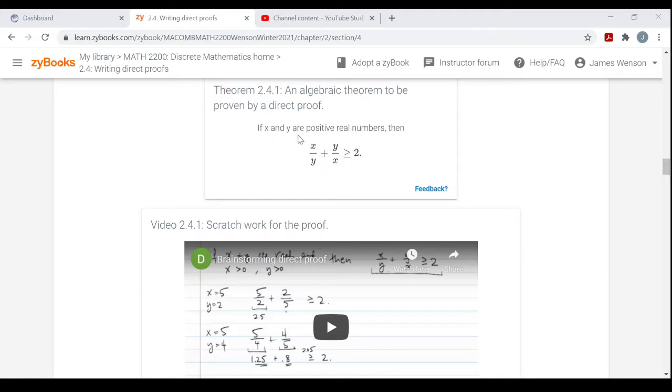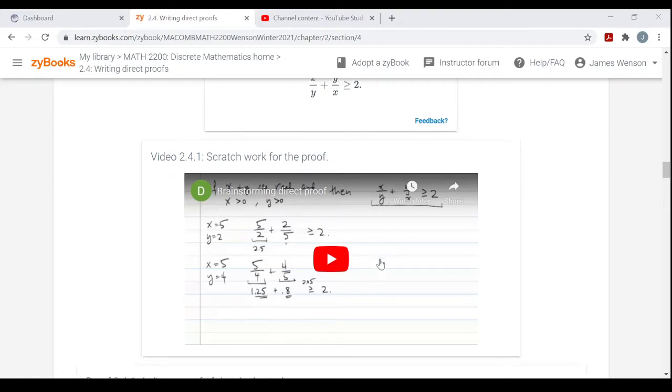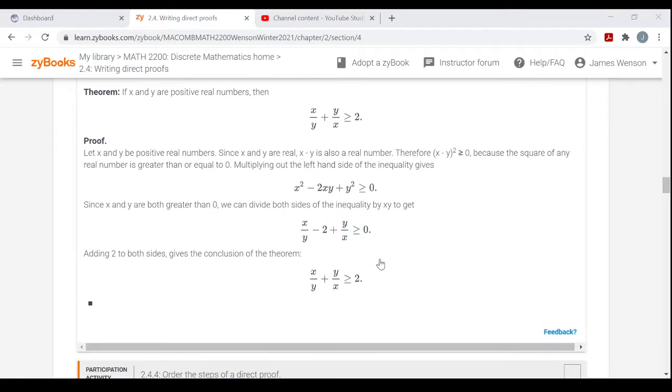And this is for any positive real numbers, x and y. So they go through this video, brainstorming, a direct proof, scratch work. This is the behind the scenes stuff, putting it together before you organize it. Doing some preliminary work before you actually organize it, and then they have the proof beneath it.